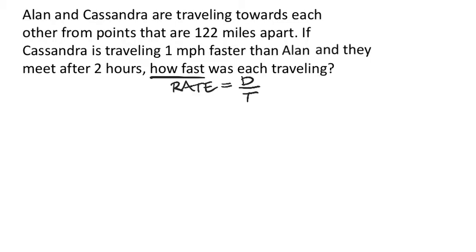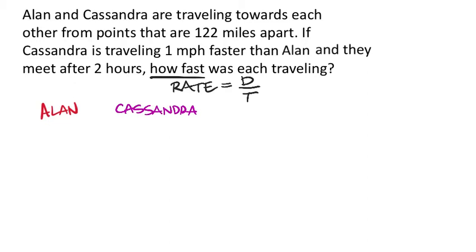They're traveling towards each other. So again, this time, perhaps it could be a subtraction situation on this one, but we'll see. So we got 2 people. Let's see how this goes, right? I do know that I got Alan, and then on the other hand, we have Cassandra. And we're going to take those rates.